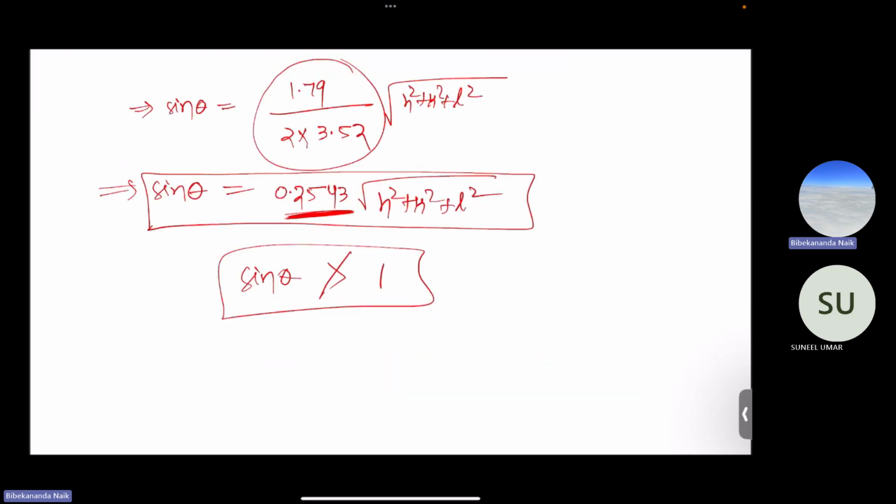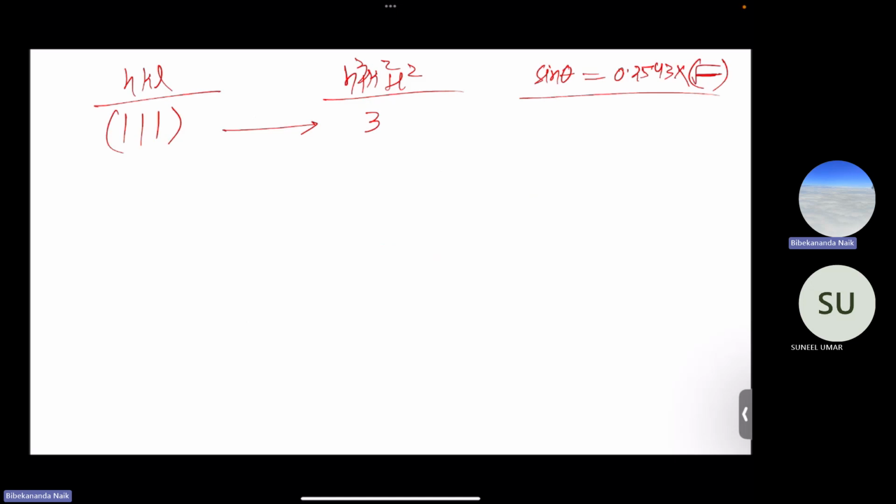So sine theta will be 0.2543 into root 3, that is 0.2543 into 1.732, which is 0.44. So this is less than 1, and this will appear in the X-ray spectra.